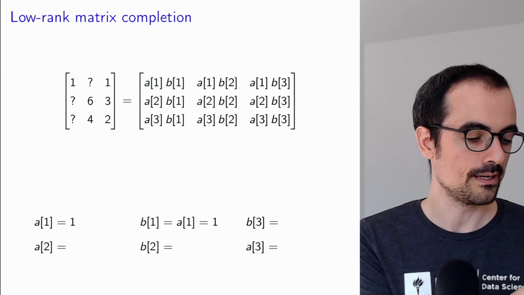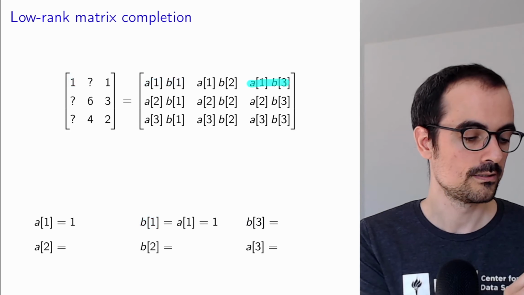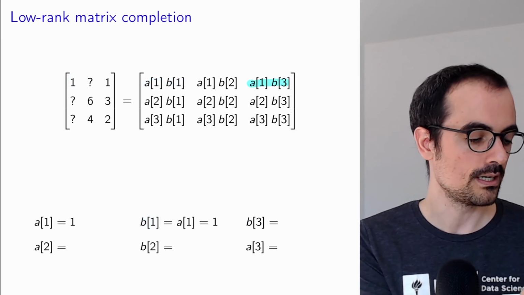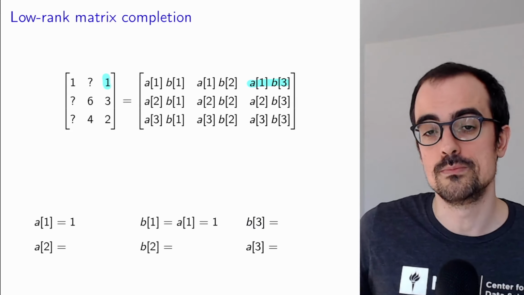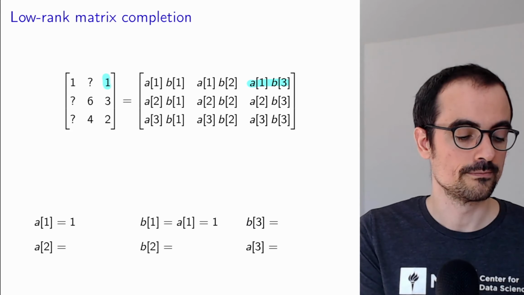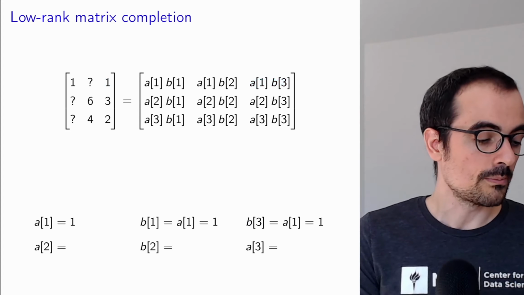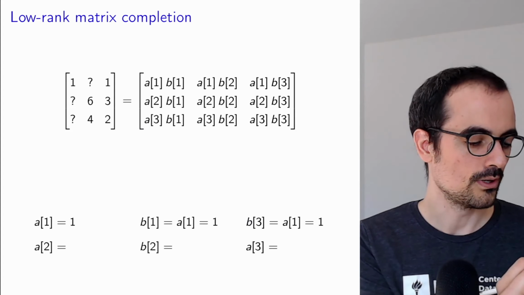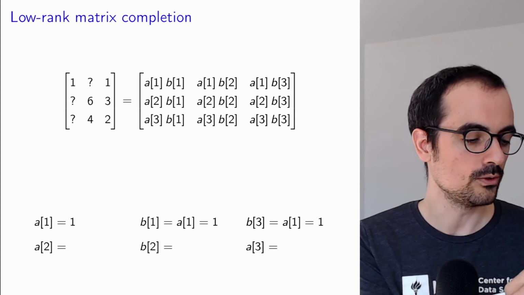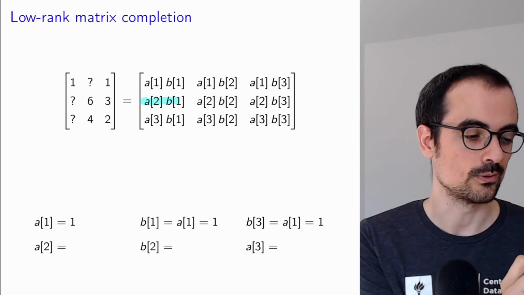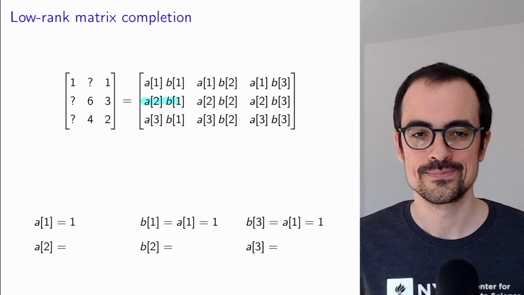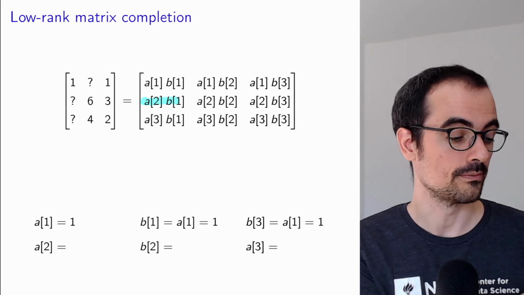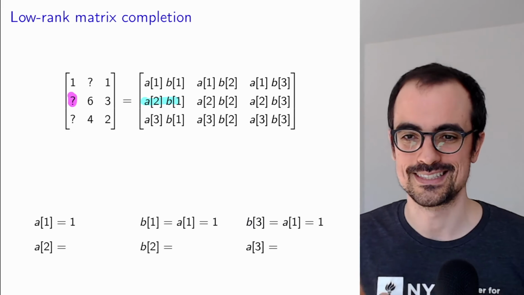B3 appears here, multiplied times A1, it's also equal to 1, so B3 also is equal to 1. What about A2? You might be tempted to say, oh, I have B1, so A2 B1, let's use this. That won't work. Think about why. Because we have not observed this entry. Okay, so that doesn't work.